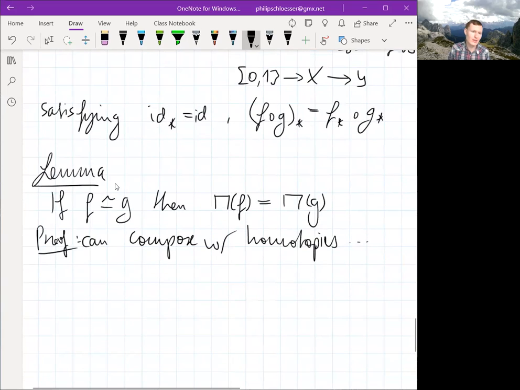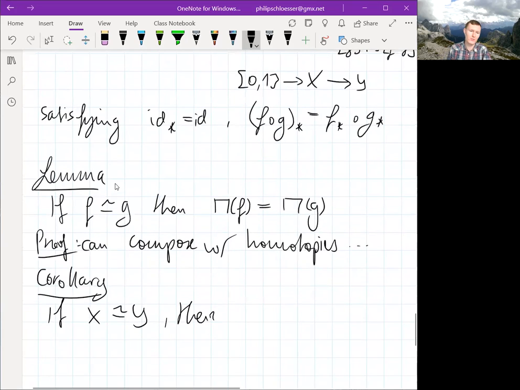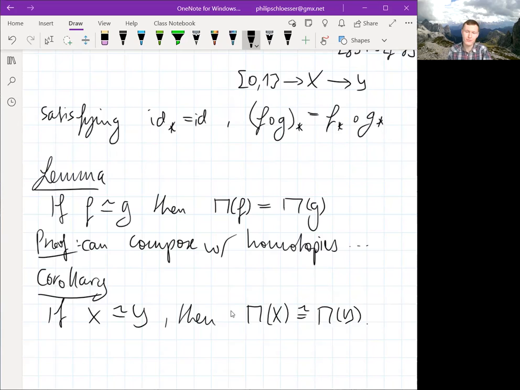And well, this then shows that if x and y are homotopy equivalent spaces, then their fundamental groupoids are isomorphic. So yeah, we've done it.